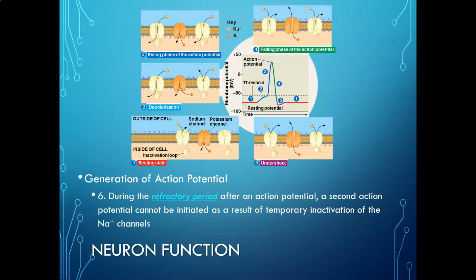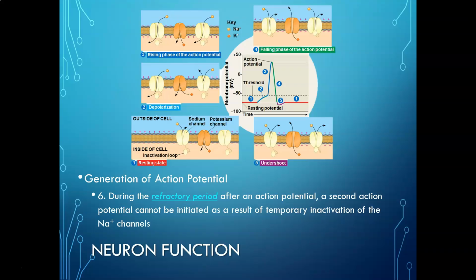So step 6 here is this refractory period, where I've got this little portion right in here, that's not actually labeled on the diagram itself. That refractory period occurs after an action potential, and it's really where your cell's going to reestablish that resting potential.